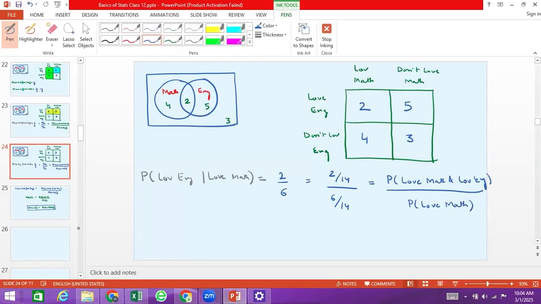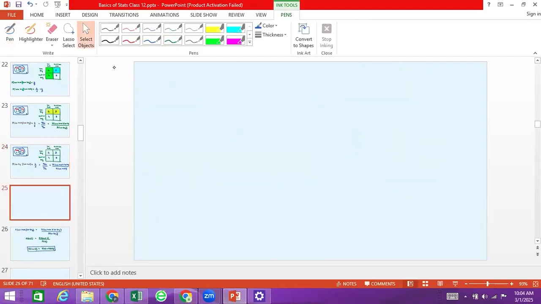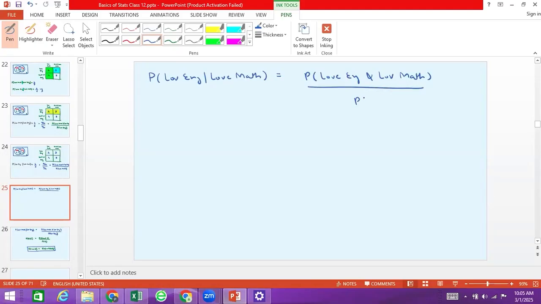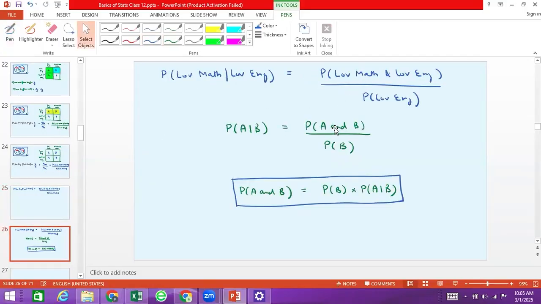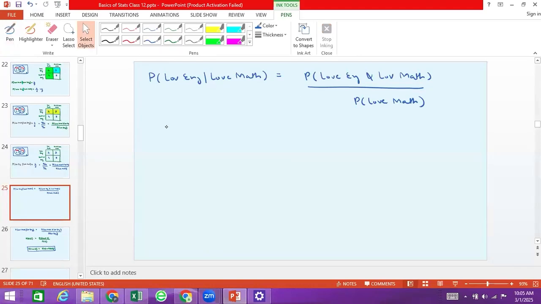Okay. Same thing. What I will do is I will write it here. Probability of loving English given that you love math is same as probability of loving English and loving math divided by probability of loving math, right? So let's say last time I had called loving math as A. So this time I'll do the same thing.